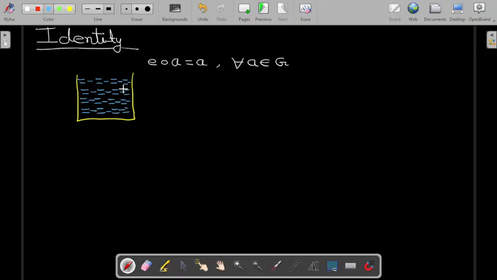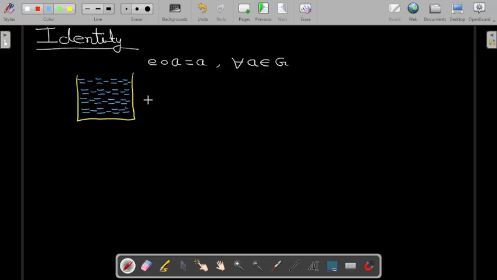So, if we pour yellow color into this water, the water will become yellow. If before pouring yellow color we pour red color, the water will become red. So, water is like the identity element in the group, returning that element by composing. We are composing a color into water and the water becomes that color. So think of identity as the water in the real world, which takes the shape or color of any element.